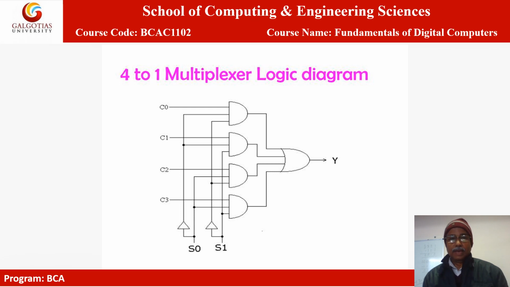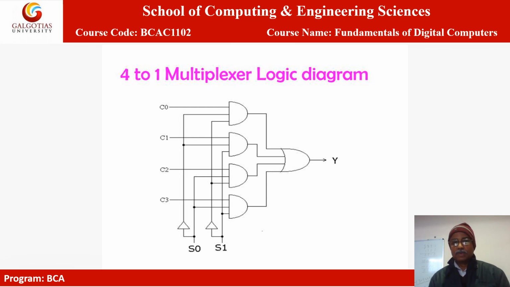Now look here, the four input lines are C0, C1, C2 and C3, the two control lines are S0, S1, and the one output line is Y. You can see here 4 AND gates and one OR gate. Okay, so let's explain how it will work.